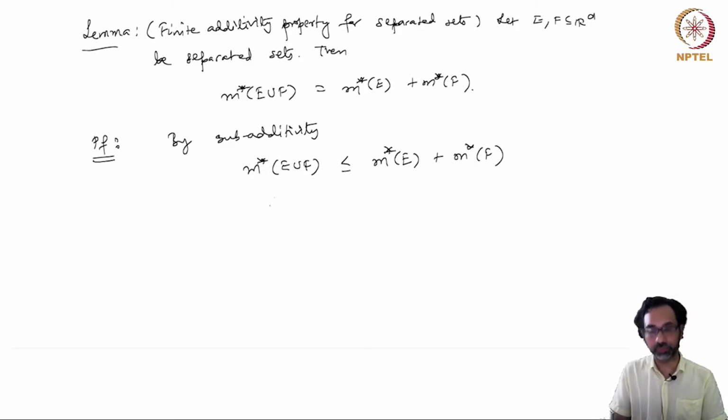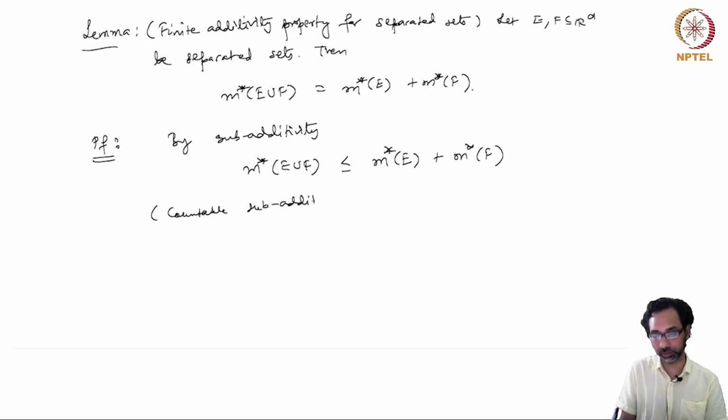So we have seen countable subadditivity. In this case we have only two sets, but we can add infinitely many, countably many empty sets, and then the measures for all the rest of the sets will be 0, and we will get this inequality. So countable subadditivity implies finite subadditivity.